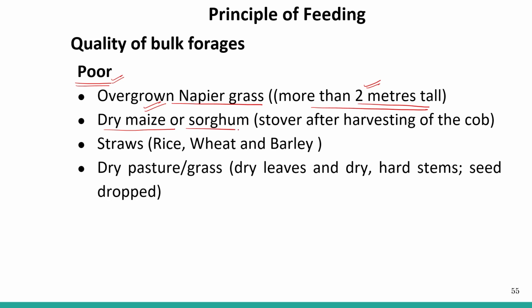Dry maize or the sorghum, stored after harvesting of the crop. So after the harvesting, they are totally mature plants, that is dry maize or the sorghum. Straws of rice, wheat and barley, dry pasture or grass, so they contain poor quality nutrients.